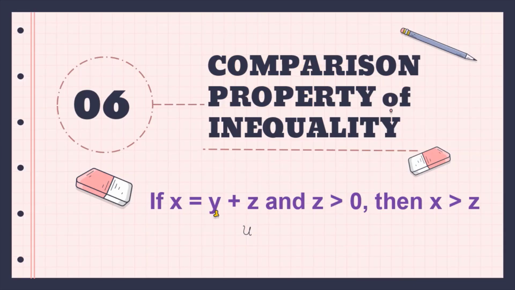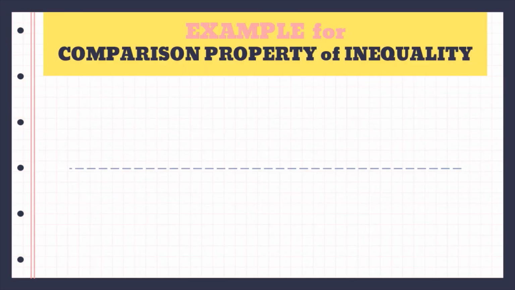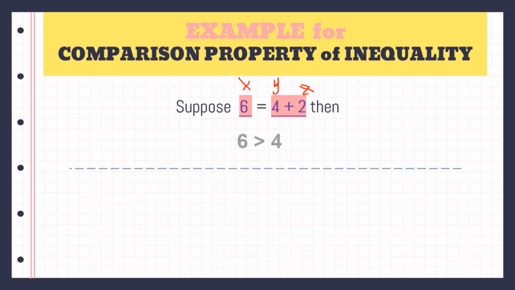Next, number 6. Comparison property of inequality. If X is equal to Y plus Z and Z is greater than 0, then X is greater than Z. Tingnan natin. Supposed to be we have ito yung X, ito yung Y, and then ito yung Z. So, kapag pinag-equal mo sila, ay pag pinag-add mo to si 4 at saka si 2, i-equal siya dito kay X. Then, 6 is greater than 4.